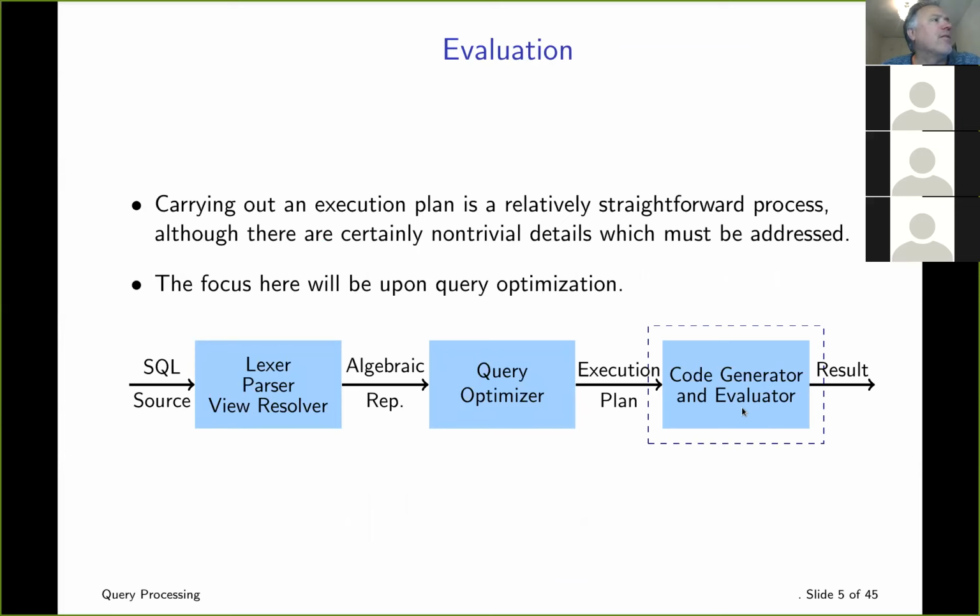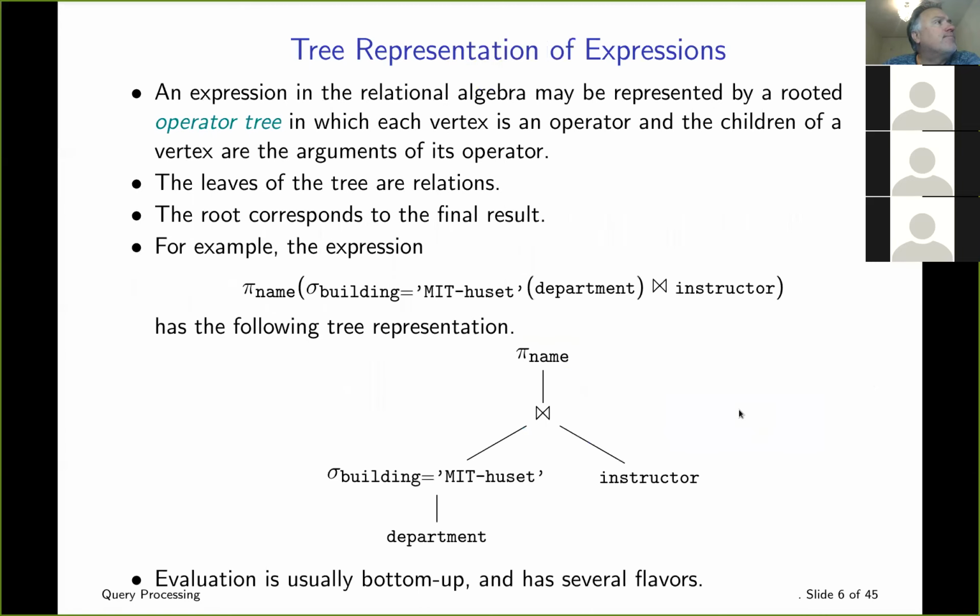It's just going to carry out the relational algebra, carry out those algorithms. There are a lot of implementation details, of course, but we'll cover that at the end of this lecture.